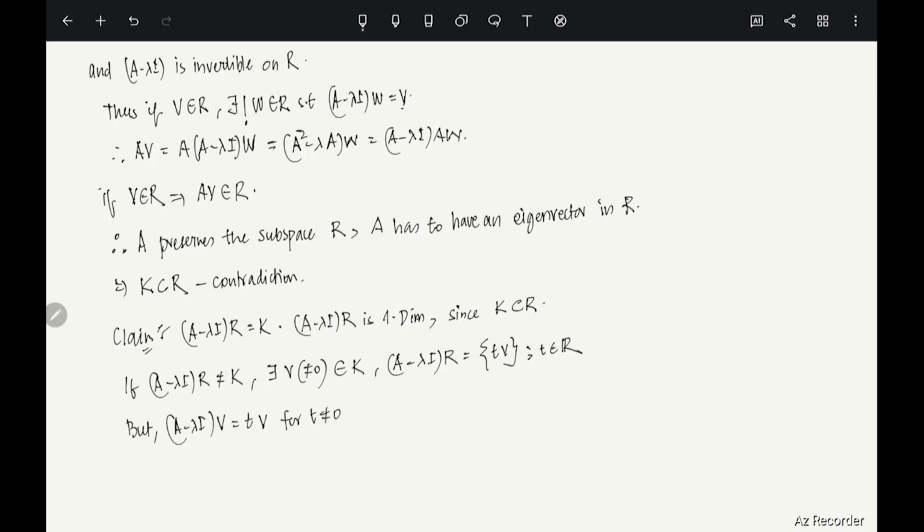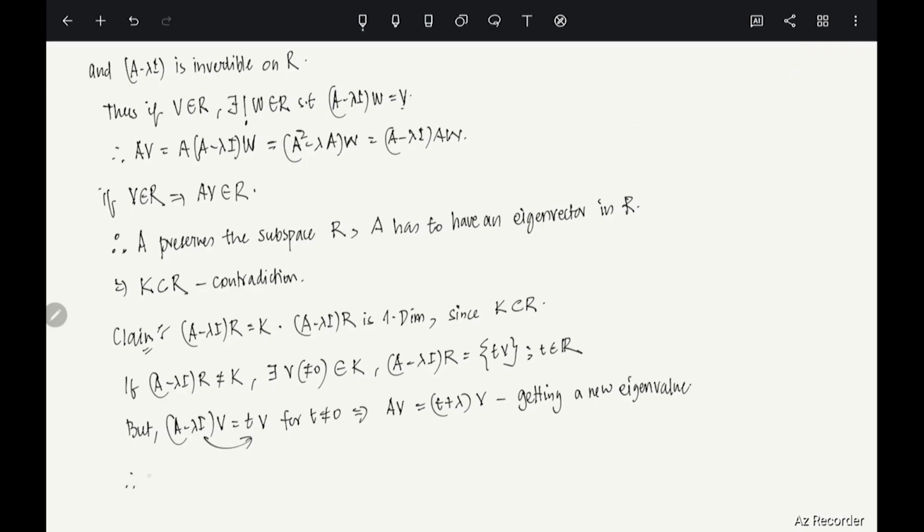And therefore A times V should be equal to T plus lambda times V. Yeah, you take this thing here, then it works, right? And then you are going to get a new eigenvalue, T plus lambda, which is a contradiction. Now this is a contradiction, clear?